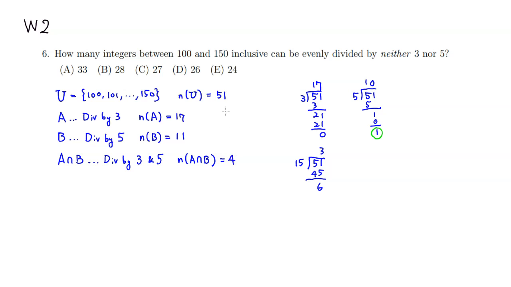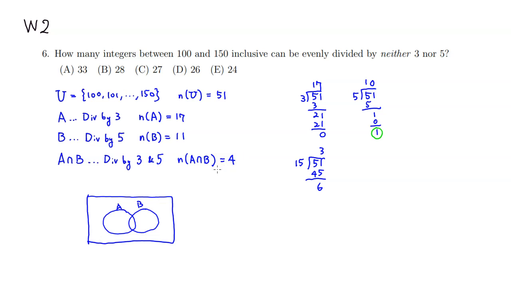All right, so let's look at a Venn diagram. It probably makes it easier. So what are we looking for? Here are the numbers. There are 51 numbers in there. Here are the numbers that are divisible by 3. Here are the numbers divisible by 5. And there are 4 of them divisible by both.